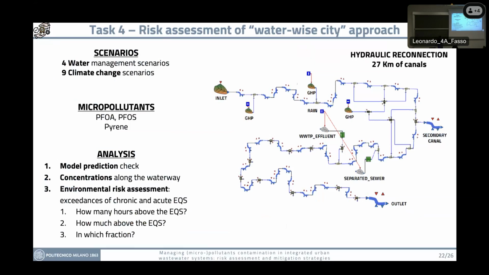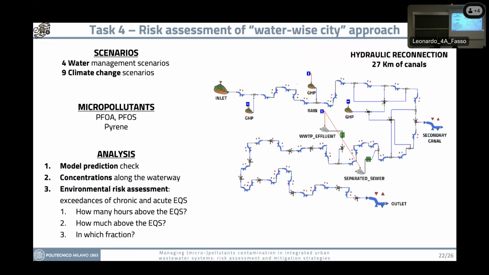Not only did we want to see what is the value of the risk, but also how many hours the risk is above the threshold. And if it is only a little bit above, we can just use a small mitigation strategy, or we need a very big treatment. And in the end, also, we focused on the fraction where we found the micropollutants.